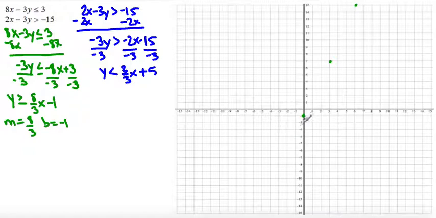And to extend the line even further, I have to go down 8 to the left 3. Okay, since my inequality symbol is greater than or equal to, I know my solutions will be on the line, so I'm going to have a solid line here.